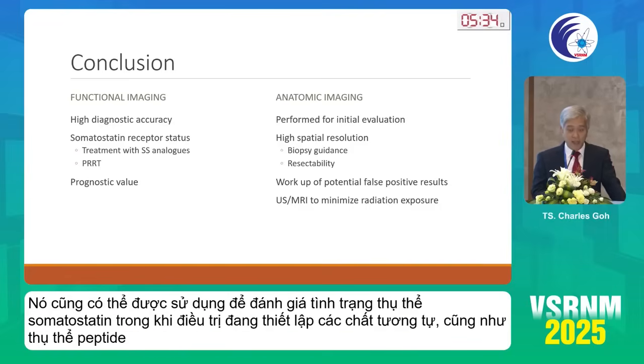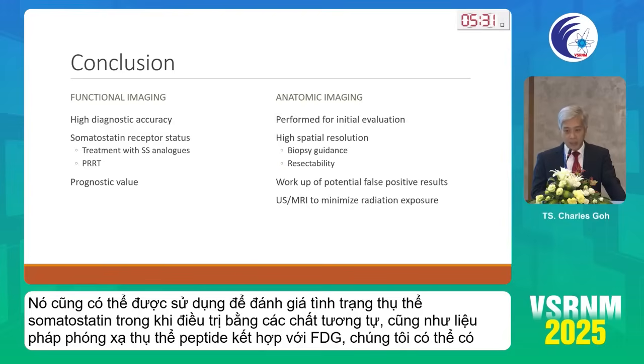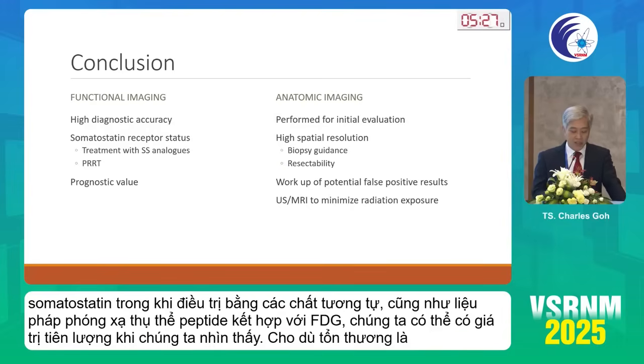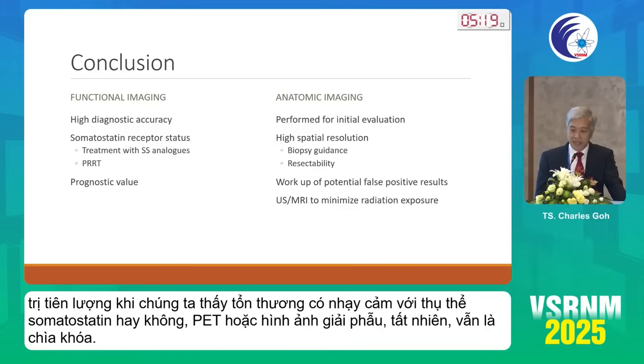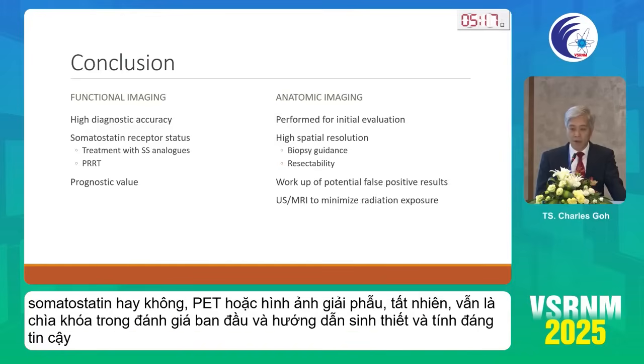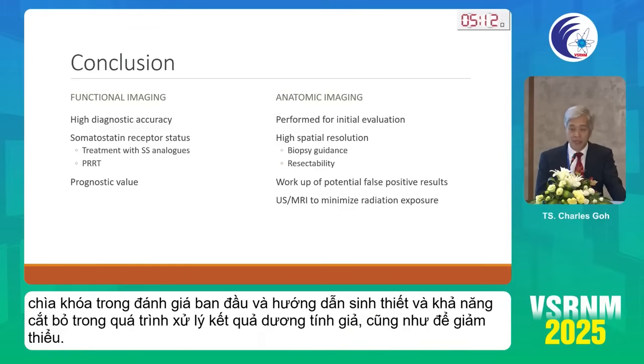Combined with FDG, we are able to have prognostic value when we see whether the lesion is avid on somatostatin receptor PET, or FDG. Anatomic imaging, of course, remains key in initial evaluation, in guiding biopsy and resectability, in workup of false positive results, as well as to minimize radiation exposure in patients who may need multiple repeat imaging over time.